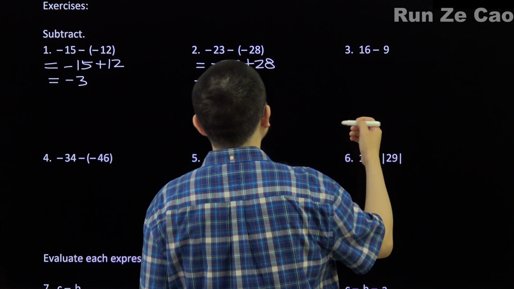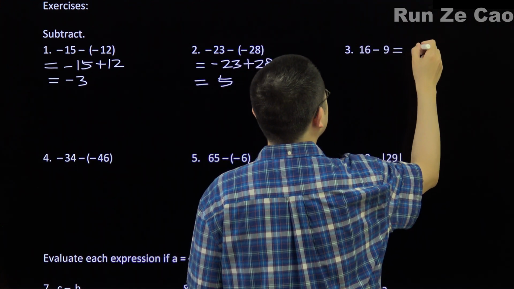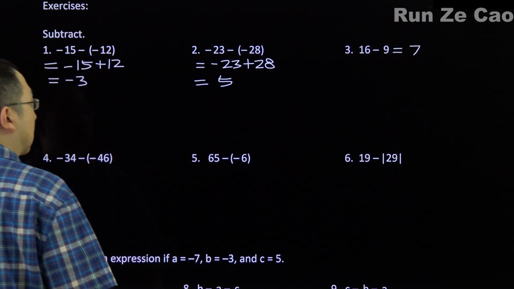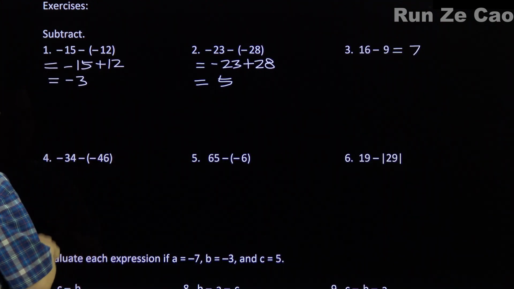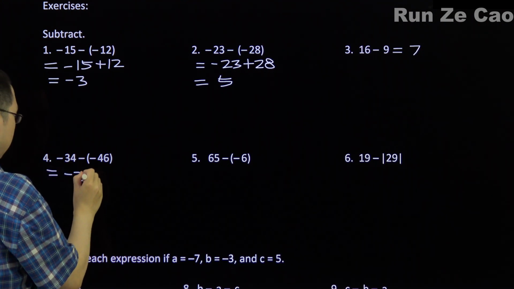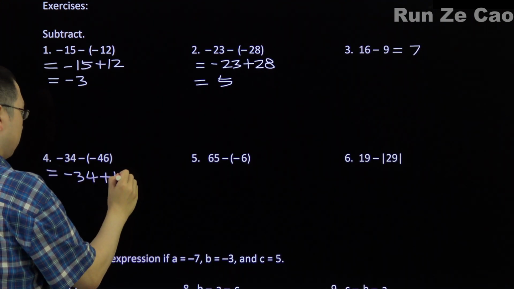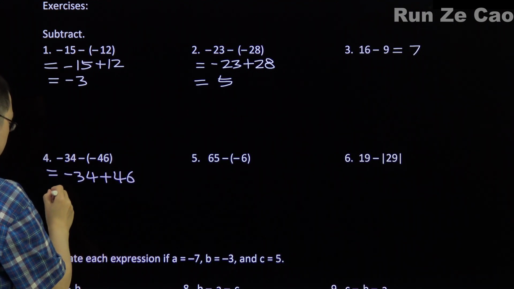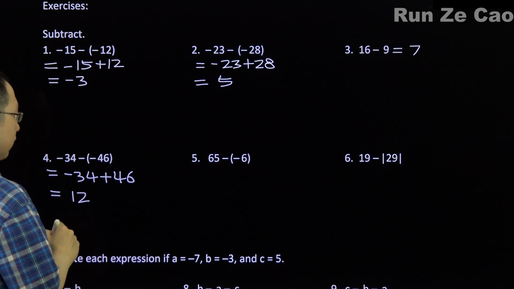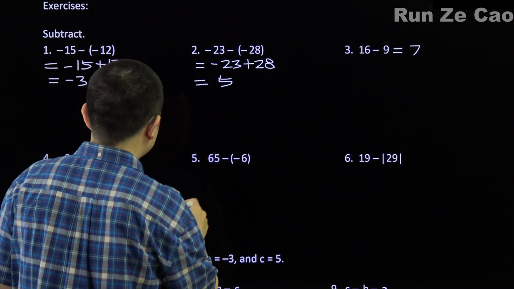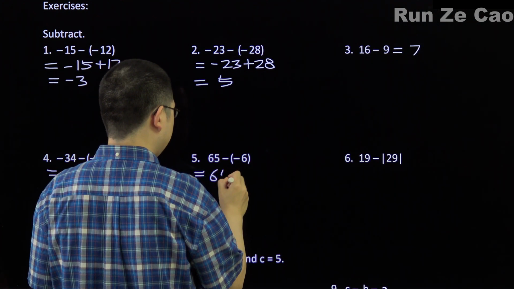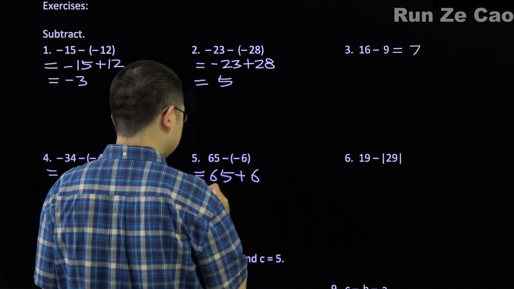16 minus 9. Oh, hey, this is something we did back in like grade 1 or 2. So that's 7. Negative 34 minus negative 46. That's equal to negative 34 plus 46. So 46 minus 34 leaves us with 12. 65 minus negative 6, that's 65 plus 6.